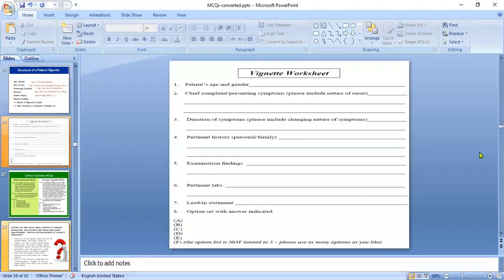So this is actually a worksheet for writing a vignette MCQ, a higher-level, context-rich MCQ.